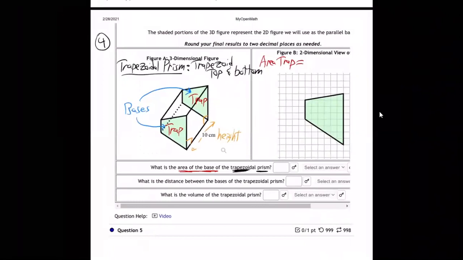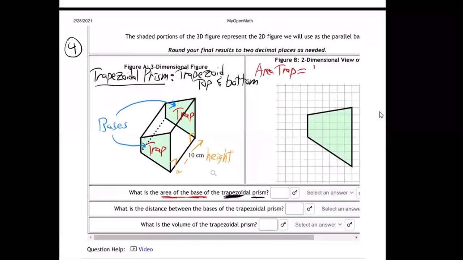Okay, so let's write that down. It's going to be big B plus little b times the height divided by 2. Now, what are the big B and the little b? That's a little tricky. Well, this over here is the big B, and this over here is the little b, and the height is this line right here between them, at 90 degrees between them. Now, why did I do it that way?